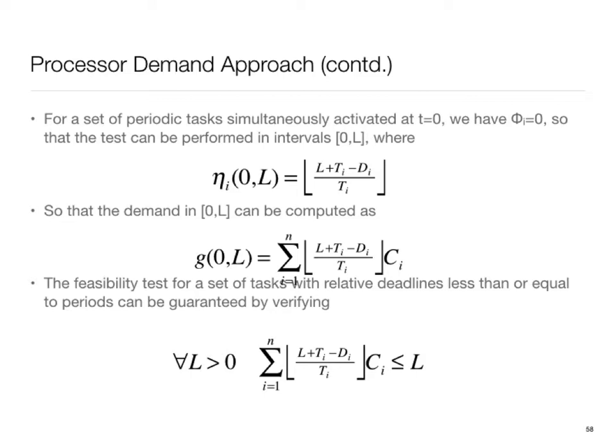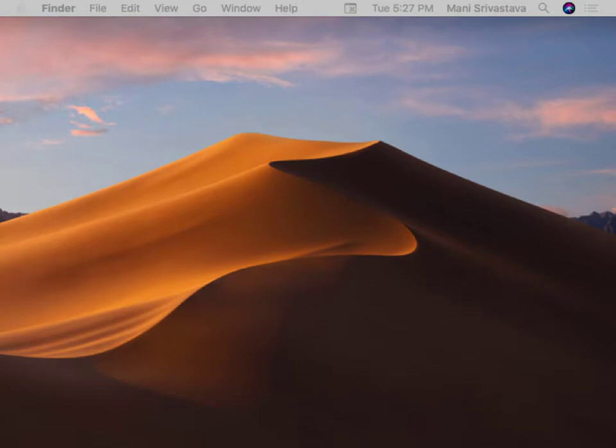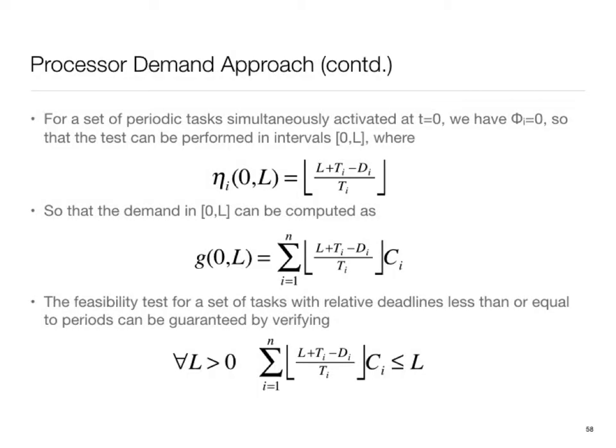Then I get, little g(0, L), which tells me through this equation the total computation demand that existed on the processor during time 0 through some uppercase L.